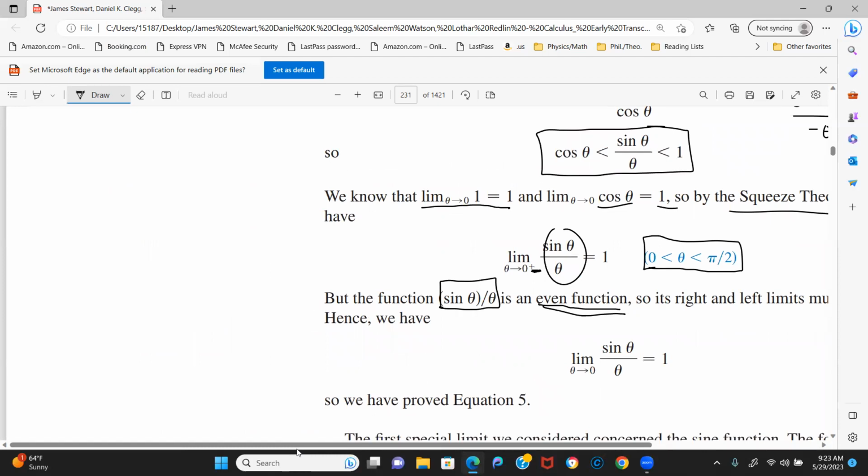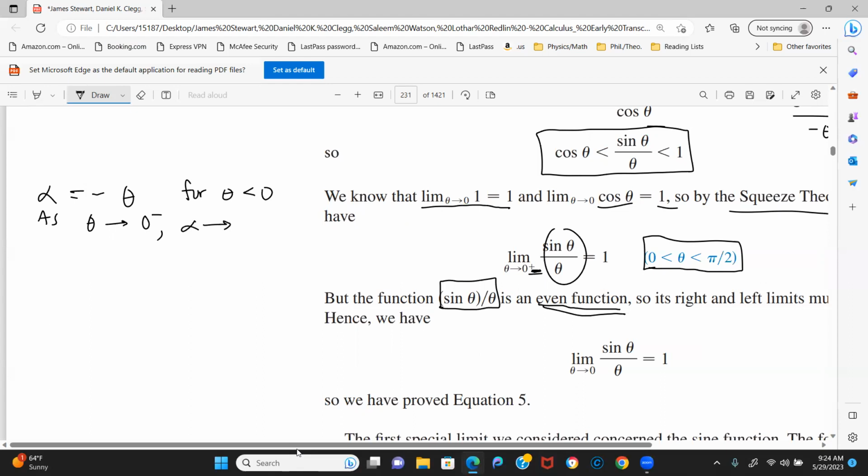You take alpha equal to negative theta, and then for theta less than 0 but close to 0, and then as theta approaches 0 from the left, we already have the right-hand limit, so let's do the left-hand limit.